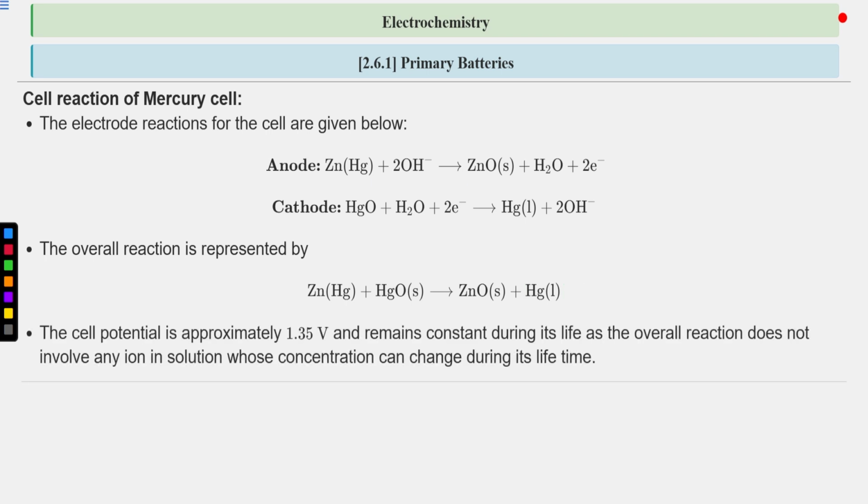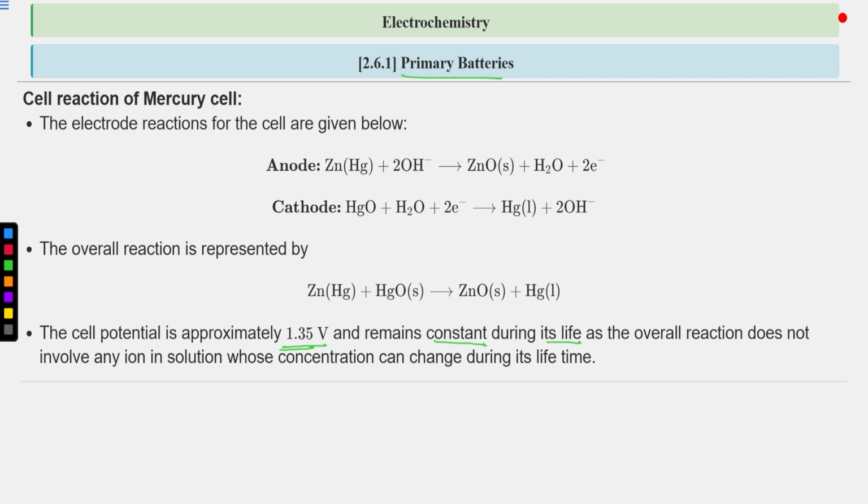The cell potential is approximately 1.35 volt for the mercury cell and remains constant during its entire life. We are studying this under primary batteries, which are single-use batteries because we cannot reuse them.